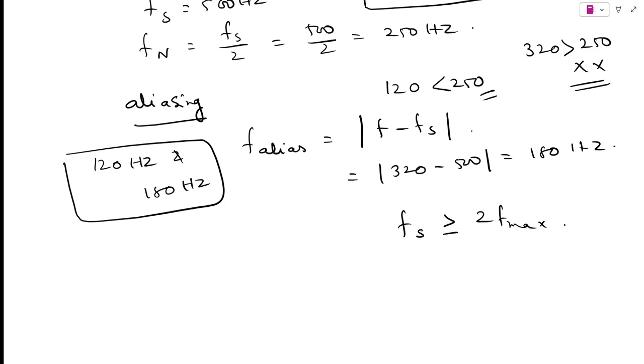Finally, we have solved this question beautifully. Sampling is like taking snapshots of a moving signal. If the snapshots are too few, high frequencies disguise themselves as lower frequencies, and this disguise is called aliasing.